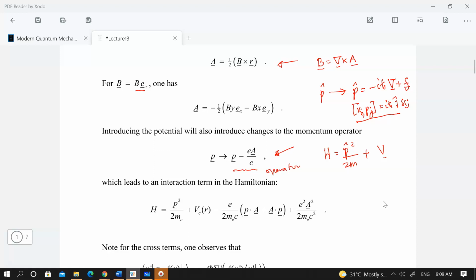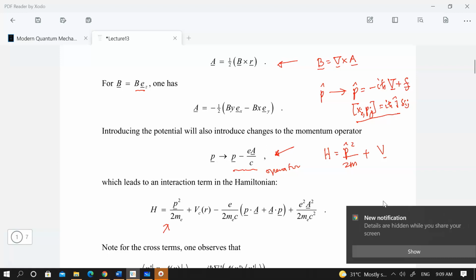If you substitute this modified momentum into your p squared, you get your ordinary p squared, which is shown here. This is just your potential part.